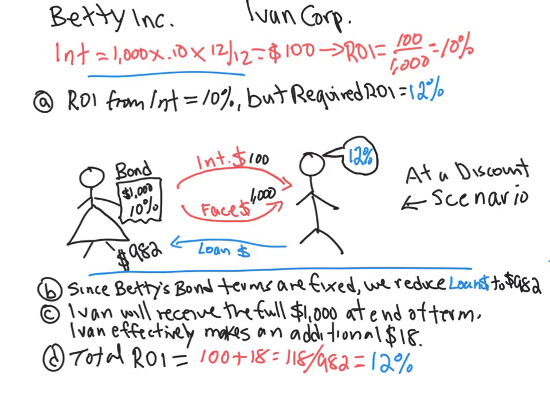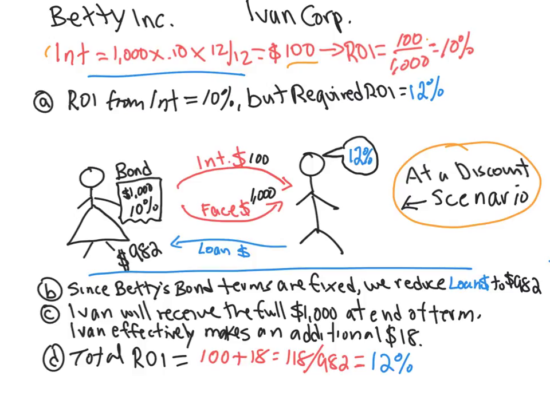Go to the next one, and now we're looking at a discount scenario. In that case, the interest up here is the same. That doesn't change. It's still $100, and the investment is 1,000, so 100 over 1,000 is actually a 10% return.